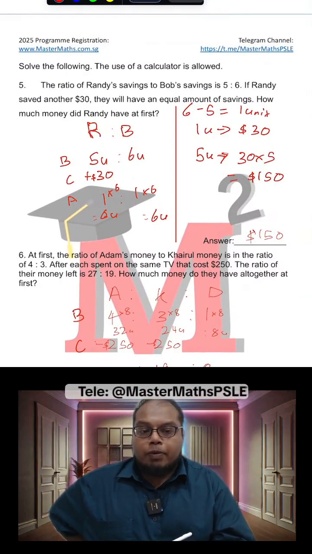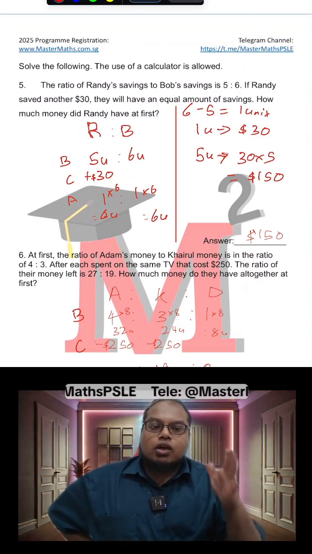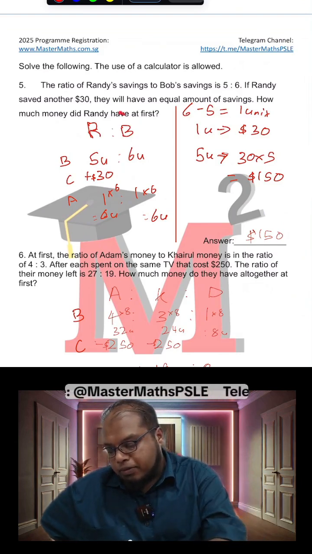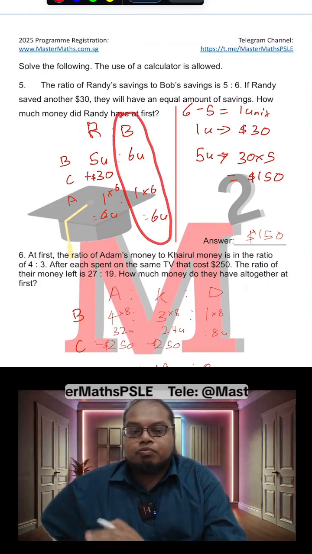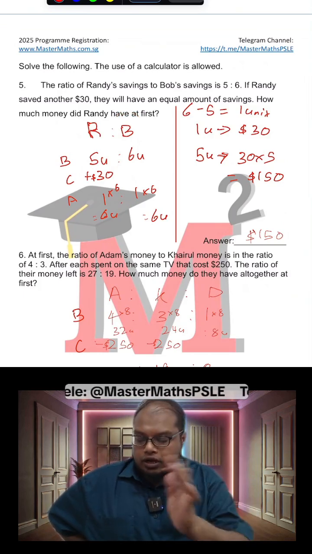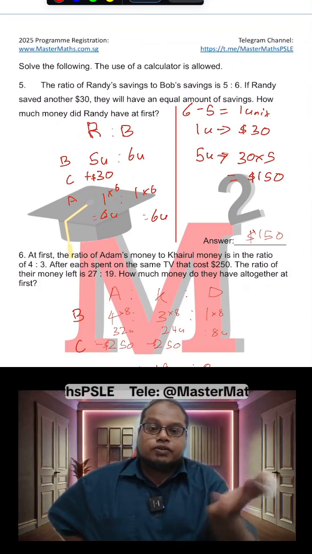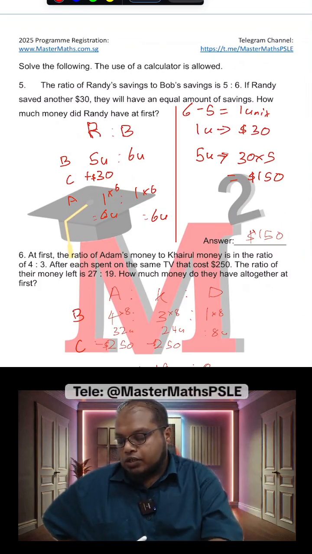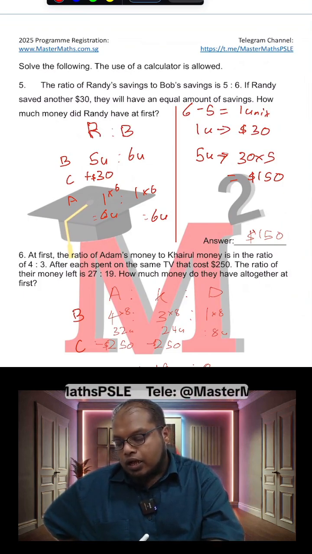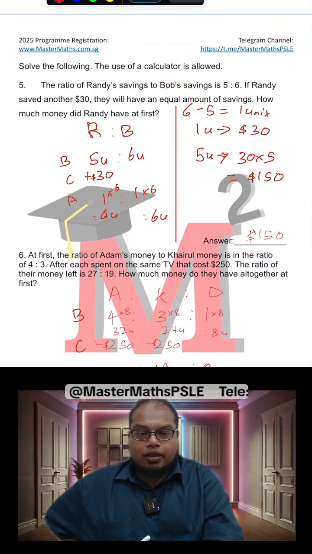Okay, Randy is to Bob. When I was solving this question, I was thinking of single quantity unchanged, because here Bob remained the same. Bob is unchanged, so I was solving using that. But later on, I will tell you there's something else you can do just for this question alone. For this question, what I did was, for the equal amount, I make 1:1.